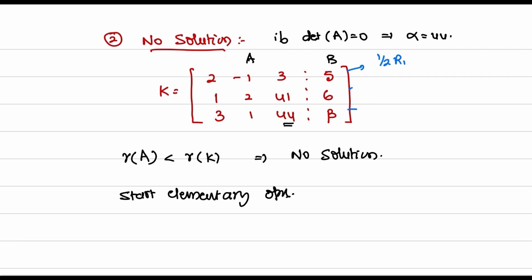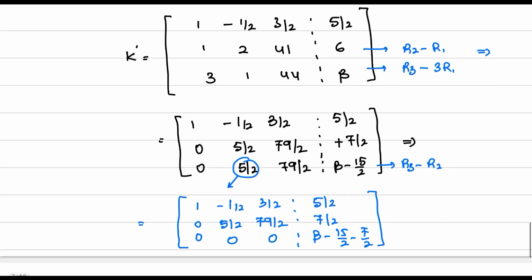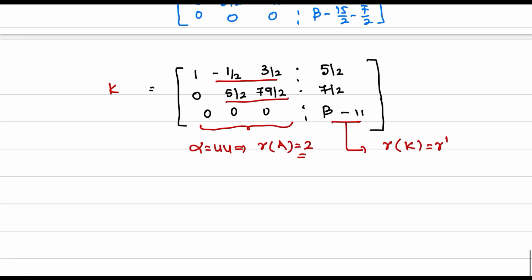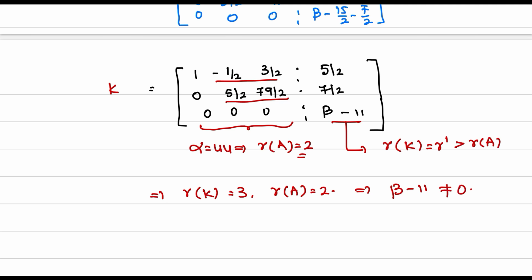Rank of A should be less than rank of K. That means rank of K should be greater than rank of A. That implies rank of K should be equal to 3 because we have got rank of A is equal to 2. That means beta minus 11 should not be equal to 0.